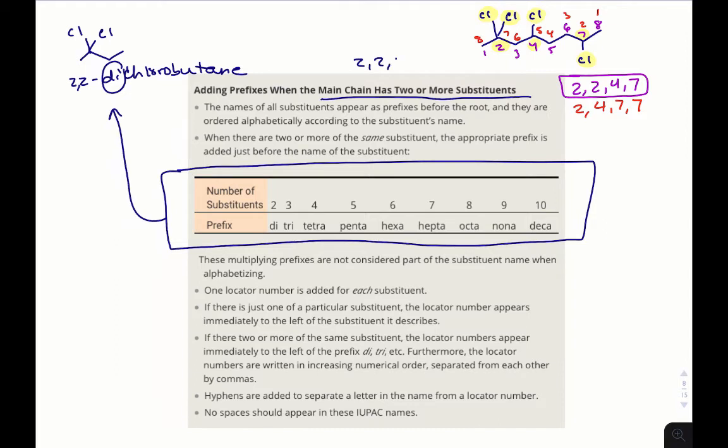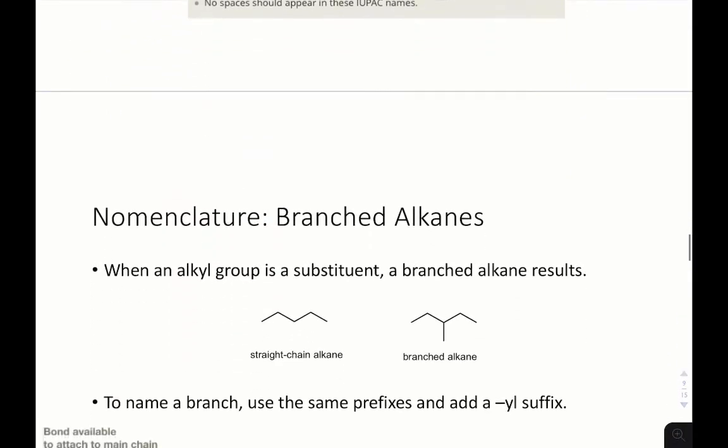And then this compound would be called 2,2,4,7. There's 4 chlorines, so that's tetra. So tetrachloro, that's how we name a chlorine substituent, a chlorine group. Octane, because it is an 8-carbon chain. So 8 carbons, oct, ane, because there's only single bonds.